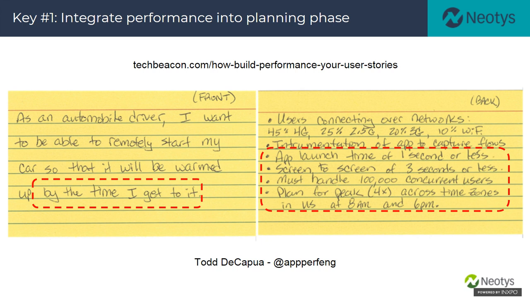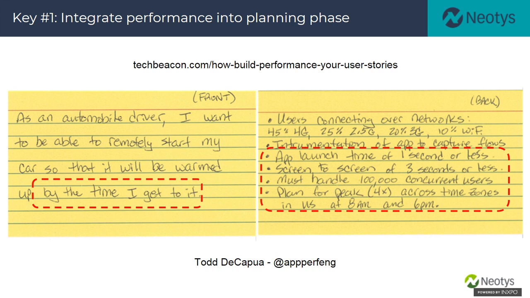So to capture the time component of a user's intent as part of a user story is critical, because then you can flip the card over, so to speak, and start focusing on specifics about what it would take to actually accomplish that, or what is expected as an outcome from that, right?